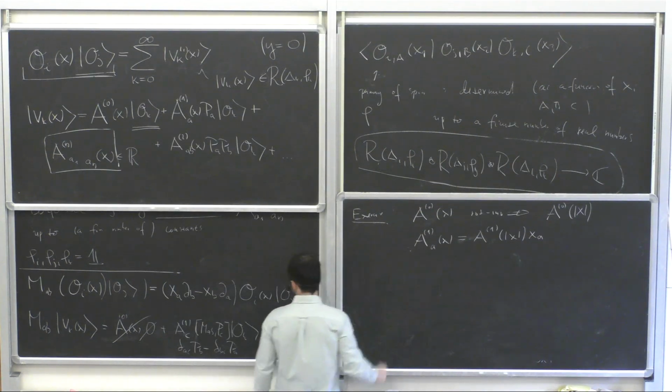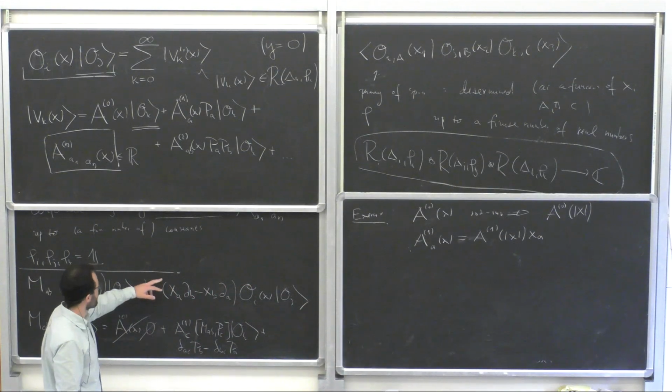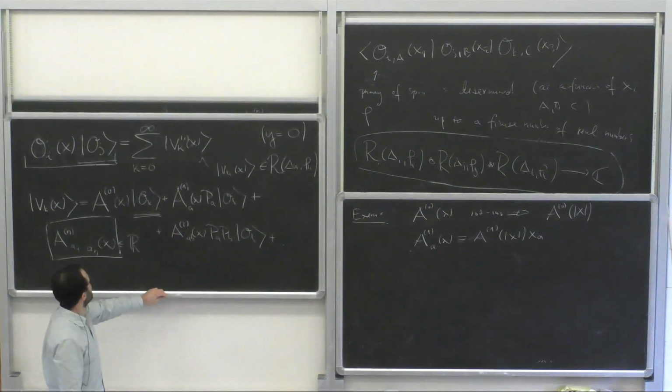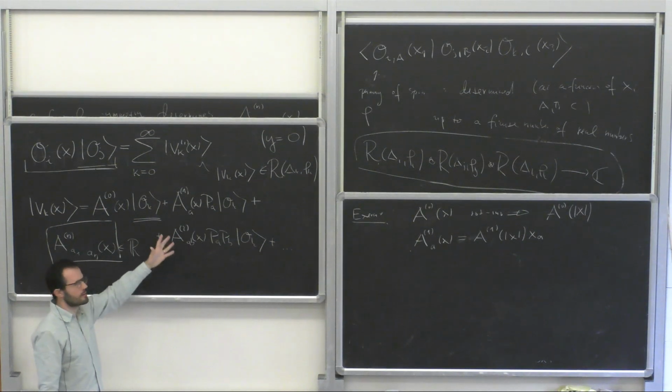So basically, rotation invariance tells you that all of the indices on all of the capital A's need to come from x^A, essentially.